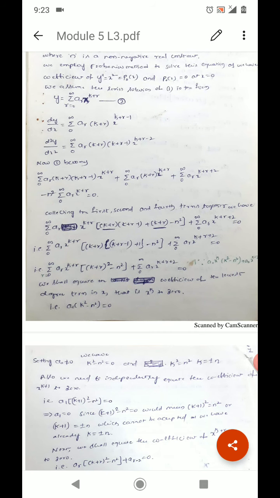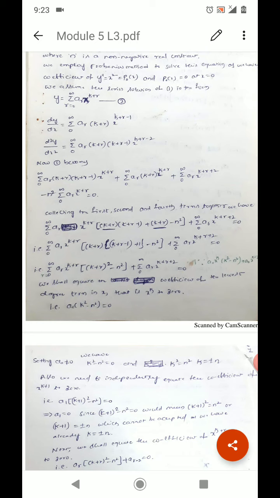So now in first, second and third term we have x power k plus r as a common factor. So we write first, second and third term, by taking x power k plus r as a common factor, as summation ar into x power k plus r of k plus r into k plus r minus 1 plus k plus r minus n square.